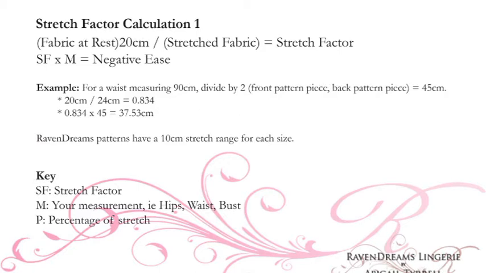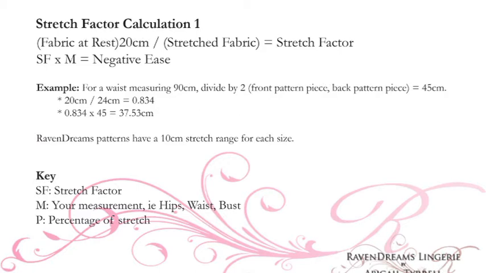So 20 centimeters divided by 24 centimeters, that's your stretch fabric, equals 0.834. Now that's your stretch factor for that material, and it will be the same for any measurement that you're using for that material and in that direction. So warp, weft, or bias.